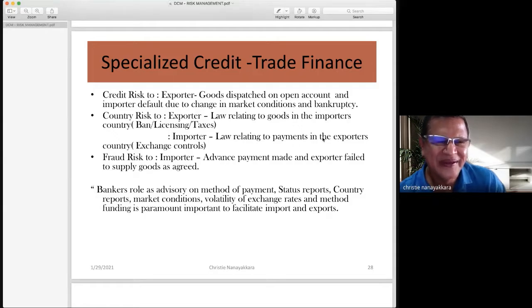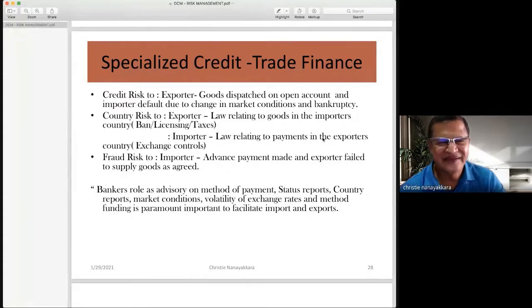So there's another additional structure coming in for the importer in case advance payment is requested. The bank gives a short-term loan, and then prepares a telegraphic transfer in the customer's name and sends it directly to the bank there, and he will receive the money. That is called advance payment.